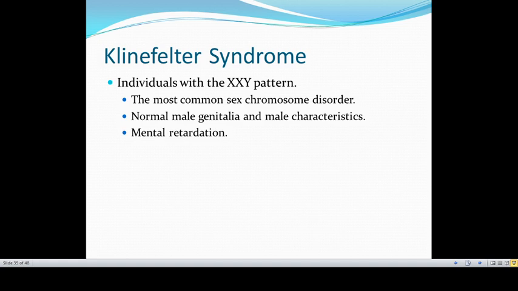In individuals with the XXY pattern, this is the most common sex chromosome disorder. They have normal male genitalia and male characteristics. However, mental retardation may be present in some of the individuals.